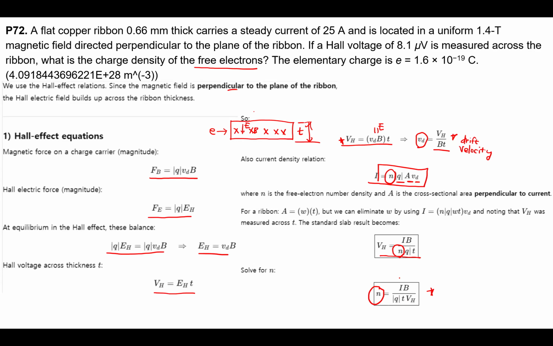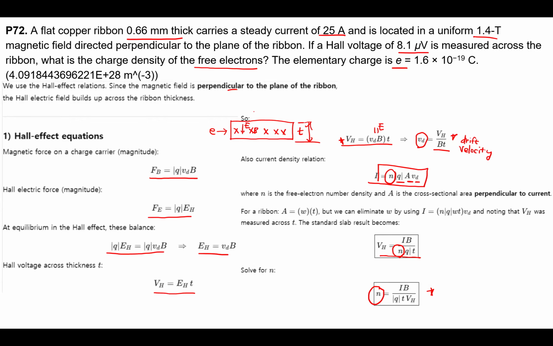So all the elements are given, right? The current I, and magnetic field, this, charge, this, thickness is this, and the Hall voltage given by this one. Okay.